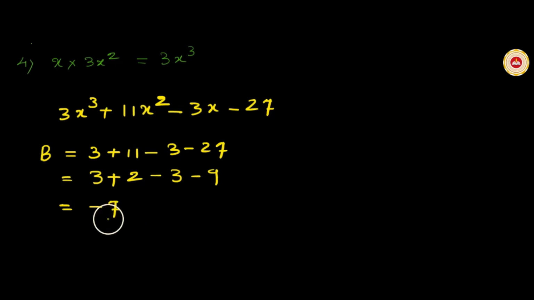We want a single digit Beejank in the form of a positive digit, right? So let us add 9. Minus 7 plus 9, 2. So 2 is the Beejank of this answer.